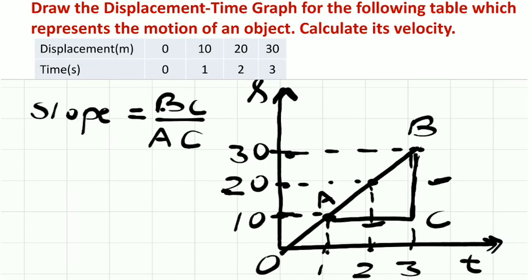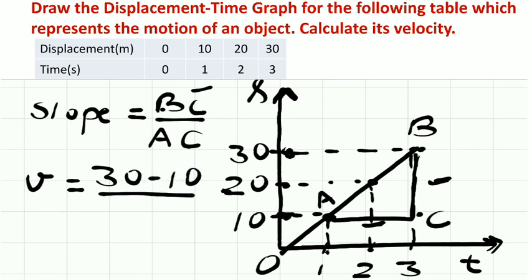So this slope we can write as V is equal to, now we need to put the value of BC. Watch here, at the point B the displacement is 30, at the point C the displacement is 10. So we place 30 minus 10 upon, watch AC, at the point A the time is 1, at the point C the time is 3.